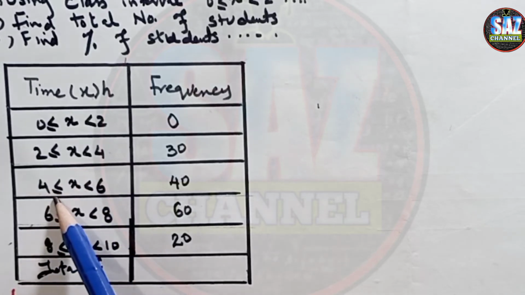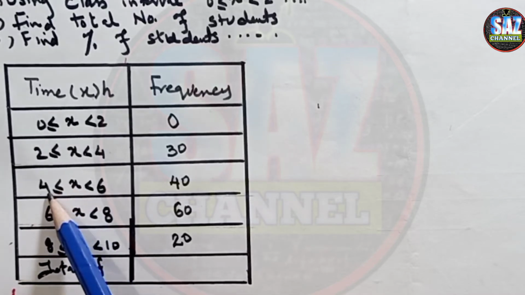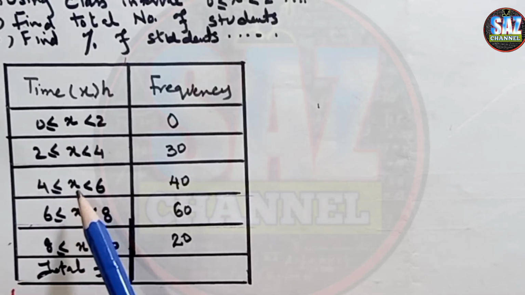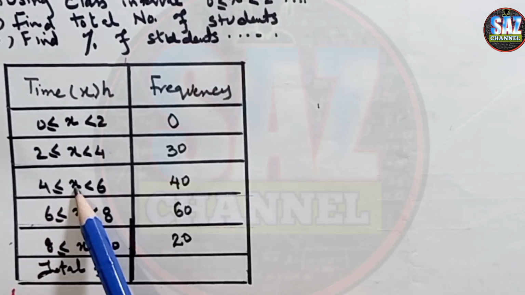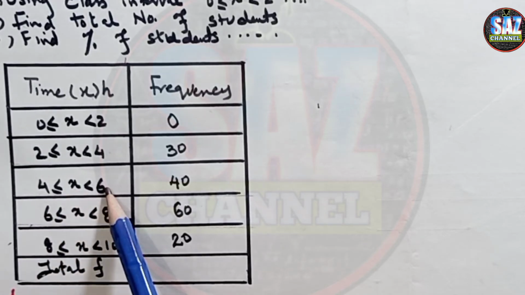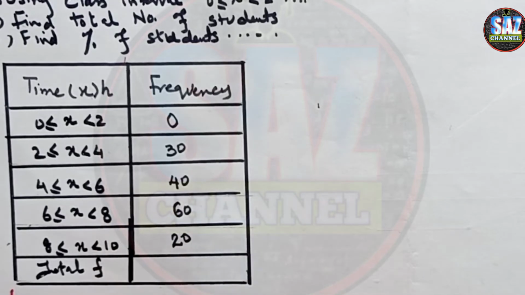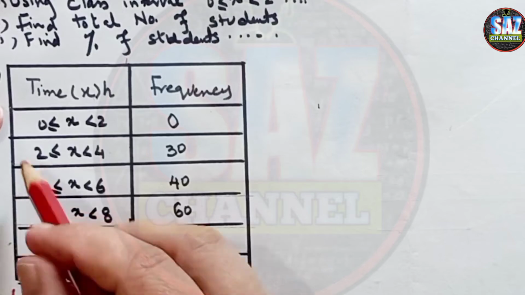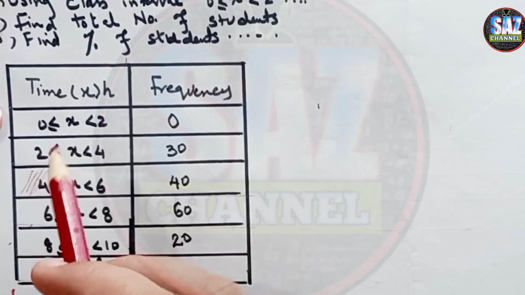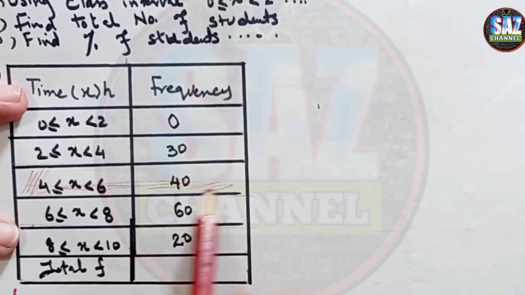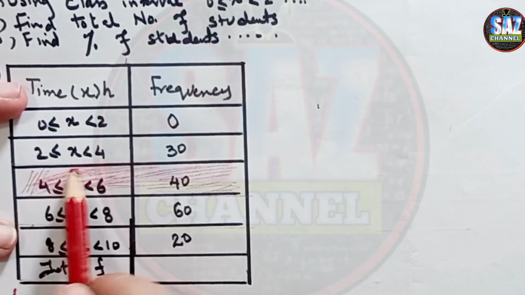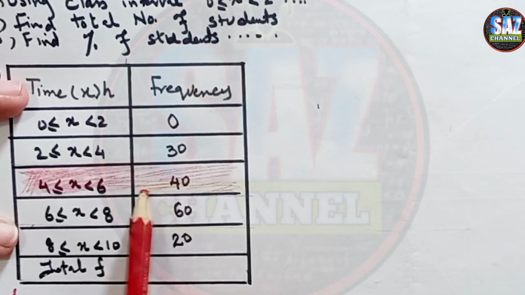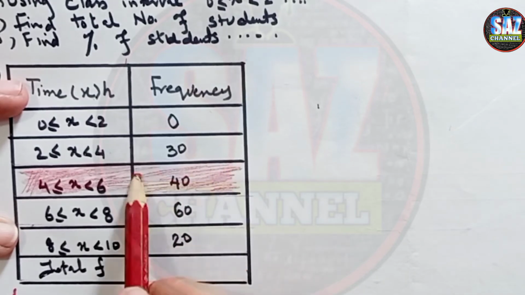But if you look at this interval, x lies between 4 and 6. So the number of people who are spending more than or equal to 4 hours but less than 6 is 40. Okay, so let me highlight this area as well so that my students can understand this easily. This is the place where we are getting greater than or equal to 4 but less than 6.